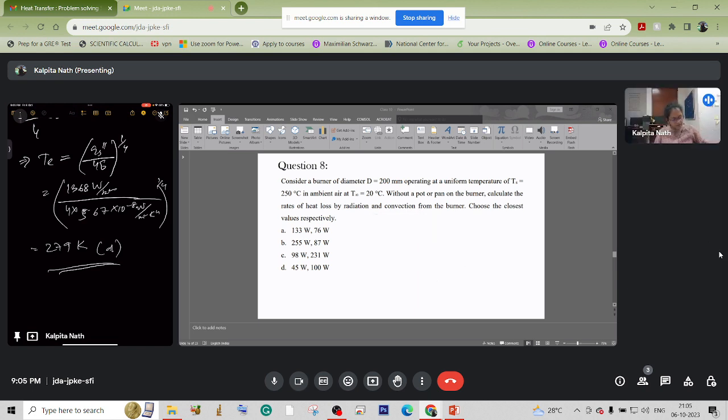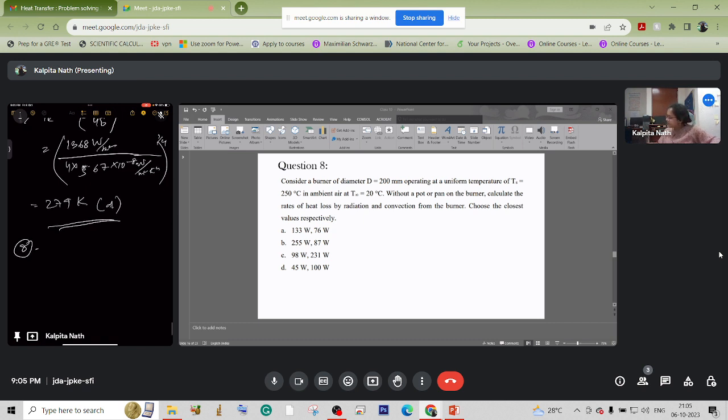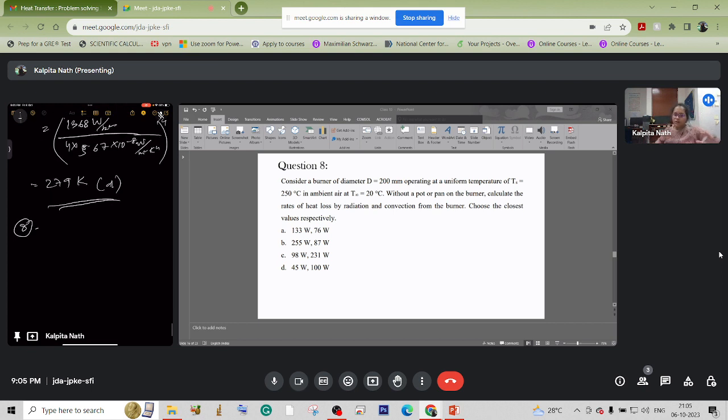Okay, we'll proceed with the solution then. For question number 8, both 8 and 9 are involved in this. So first we'll do a simplified diagram of this.